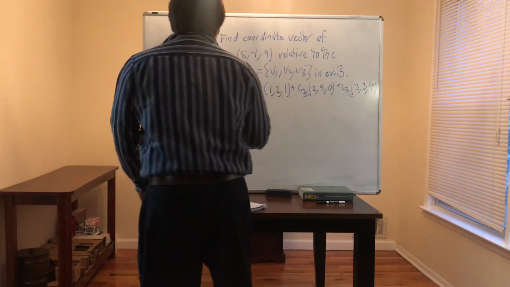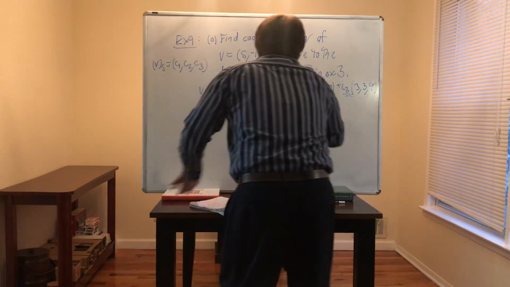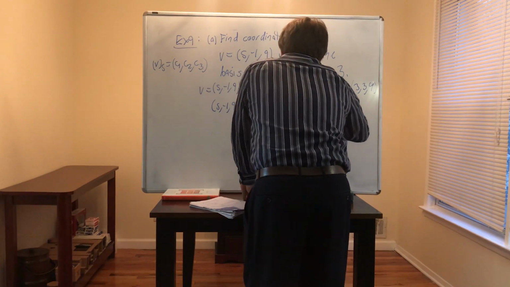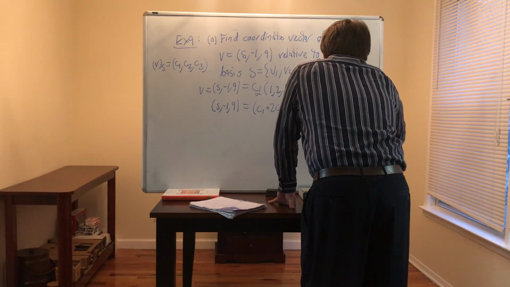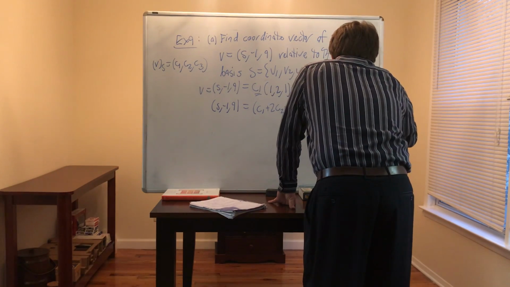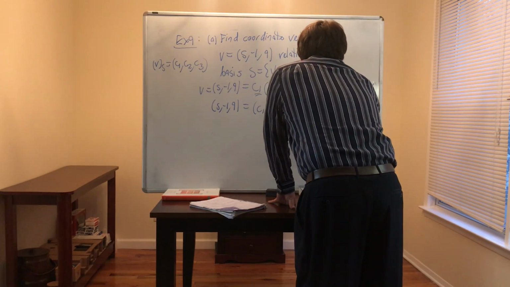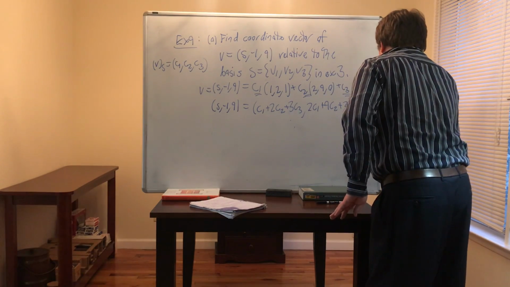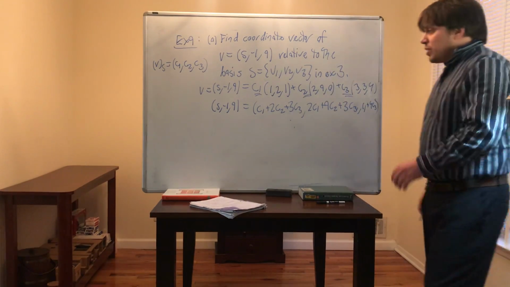Okay, and so now (5, -1, 9) is equal to (C1 + 2C2 + 3C3, 2C1 + 9C2 + 3C3, C1 + 4C3).